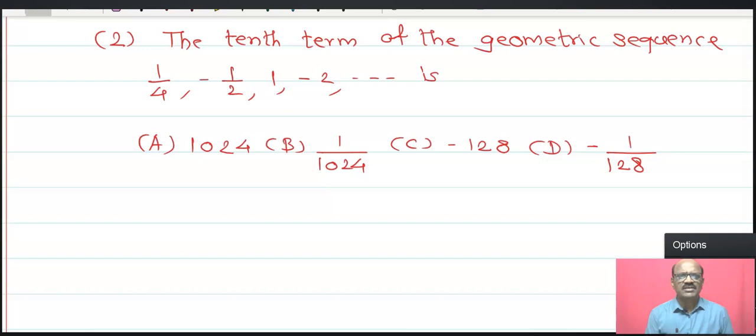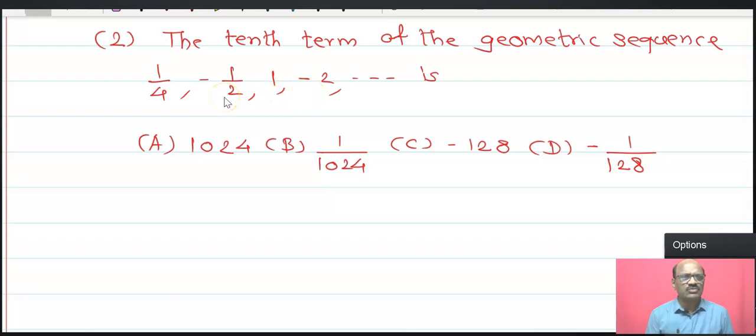Now see this here, again, the 10th term of the geometric sequence. Here the first term is 1 by 4, and next we will find the common ratio. This is T1, T2, T3, T4 in this way.